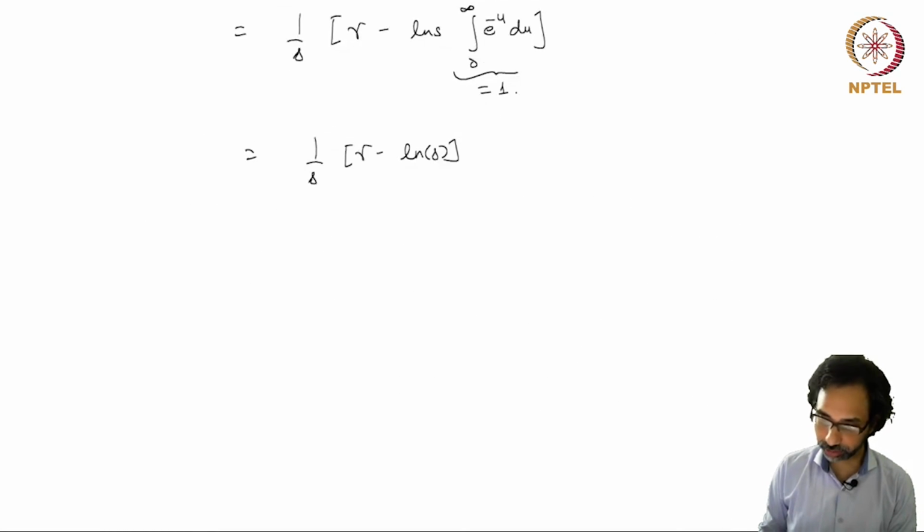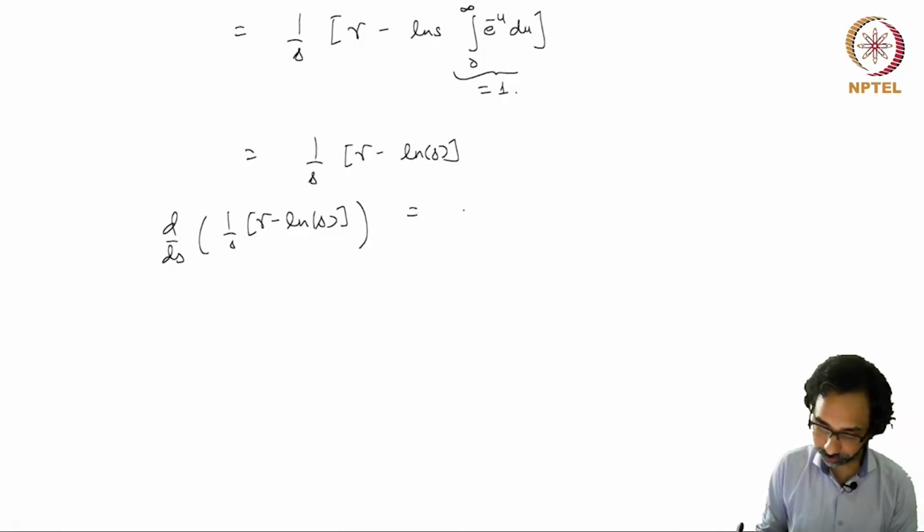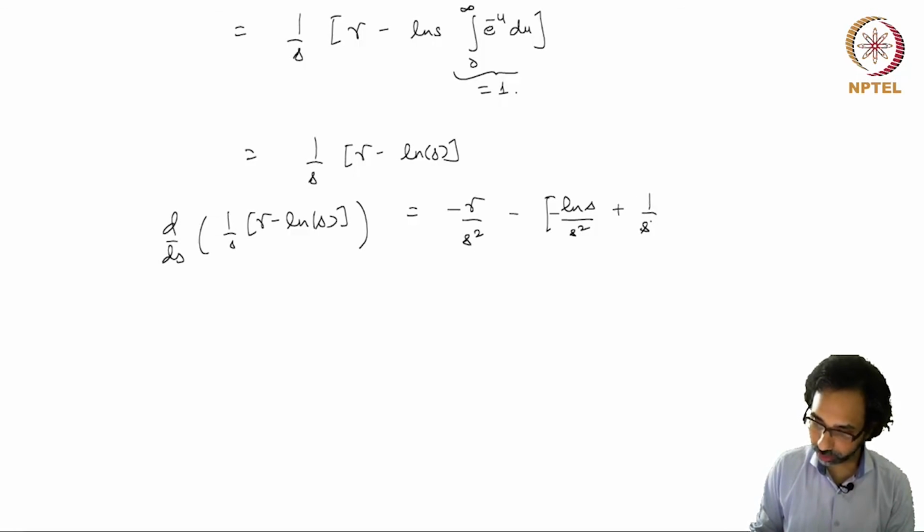So let's compute the derivative of 1 over s times gamma minus ln s. This is equal to minus gamma over s squared minus ln s over s squared, minus ln s over s squared, plus 1 over s squared.